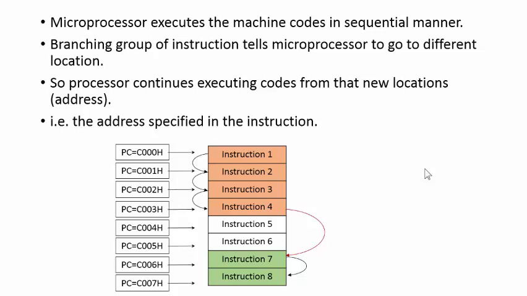Usually the microprocessor executes the machine codes or the user instructions in sequential manner. That is, the instructions available in the memory locations get executed sequentially, one by one. In this diagram we can say instruction 1, instruction 2, instruction 3, 4, 5, 6, 7, 8.